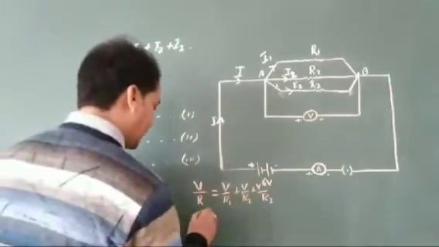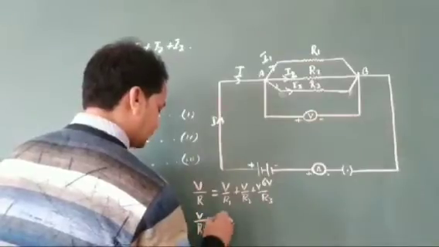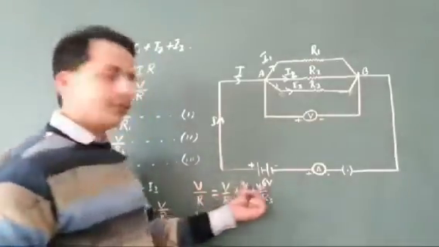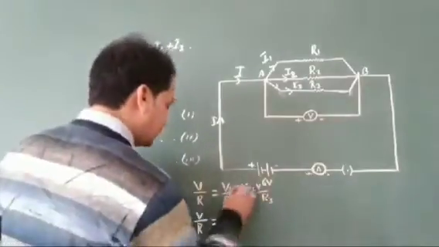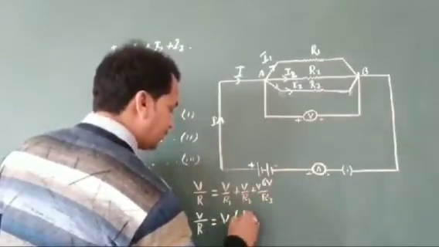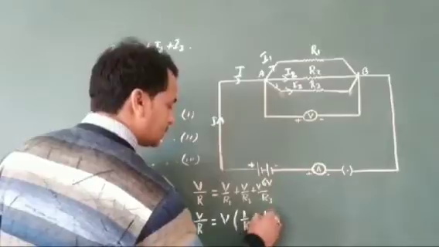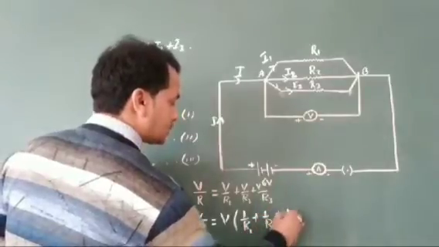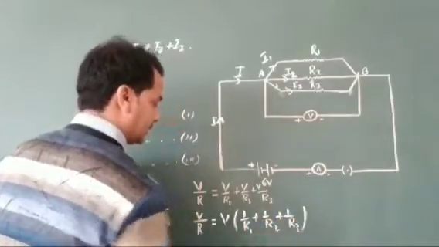Then V by R equals, the potential difference is the same, so there is a common V, times 1 by R1 plus 1 by R2 plus 1 by R3.